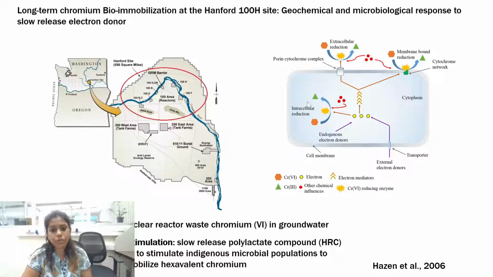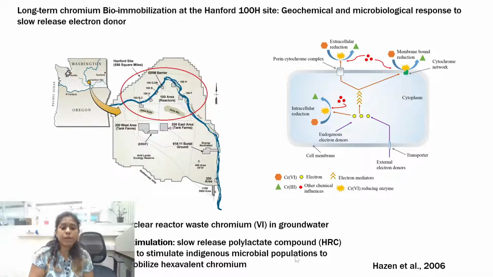So they have added this polylactate compound, and this is what happens inside the microorganism cell: how chromium 6 gets converted to chromium 3, and how it accepts electrons from the donors. All of this process is explained here, including how the chromium 6 reducing enzyme from the indigenous microorganism is able to convert it and co-precipitate Fe3, which is soluble.